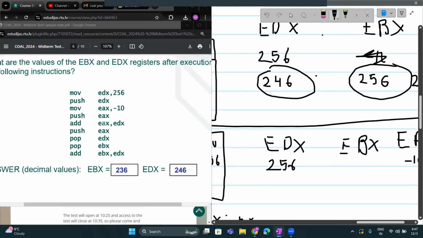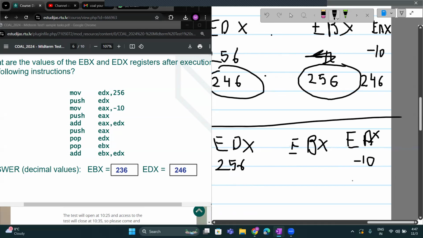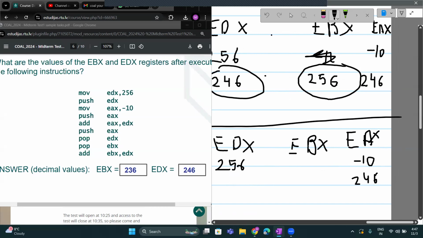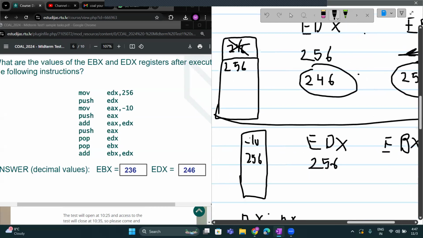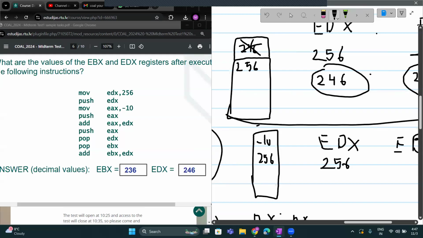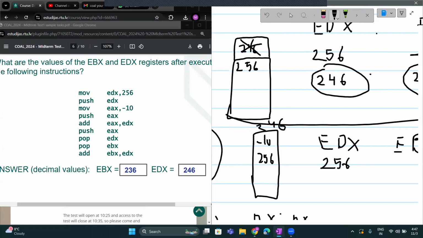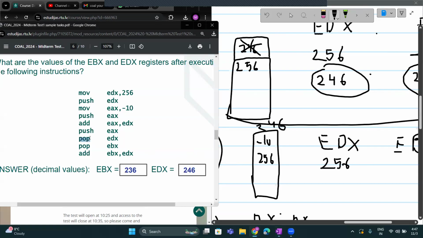Now what we are doing is adding the EDX value to EAX. So new EAX will be 246. And now push EAX as well. Now we push this value on top of the stack, which is 246. And then we pop the first value to EDX.